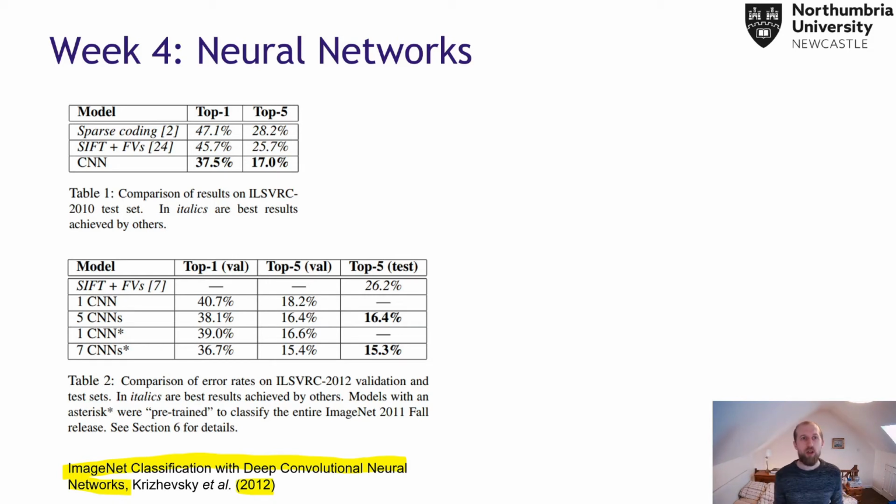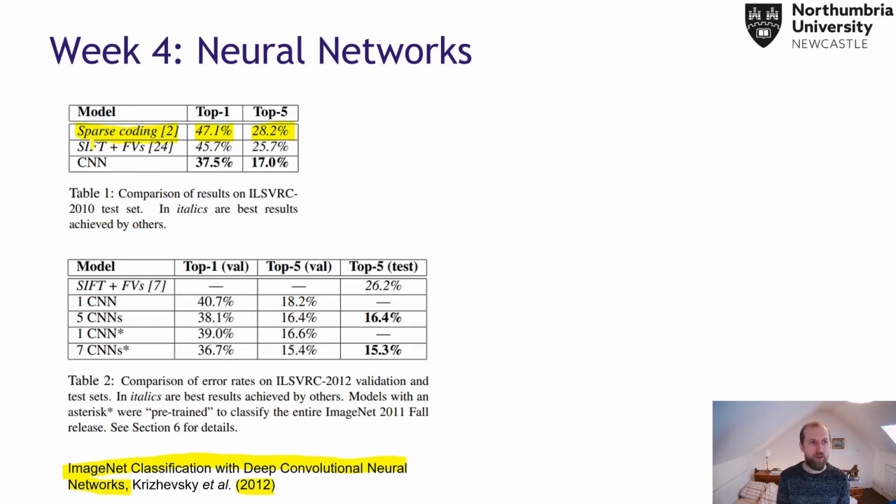So in the initial 2010 competition, you had this sparse coding paper, which actually won the competition with an error rate of 47% and a top 5 error rate of 28%. In the 2 years following that, lots of different traditional machine learning techniques were used.